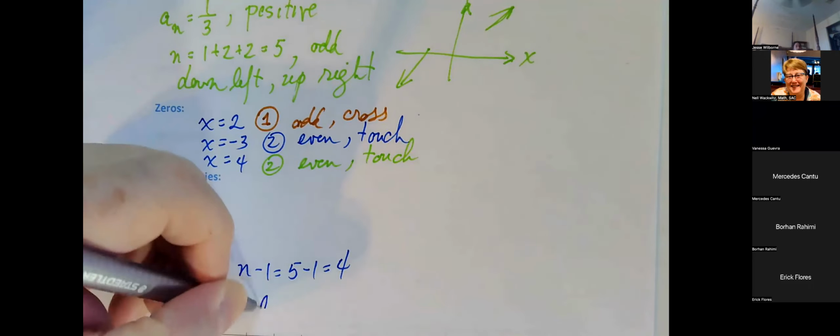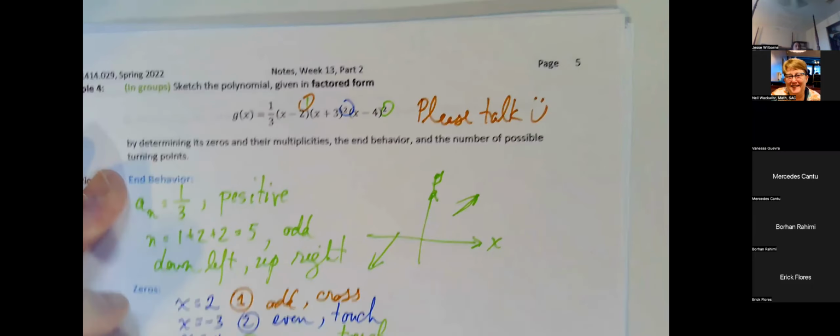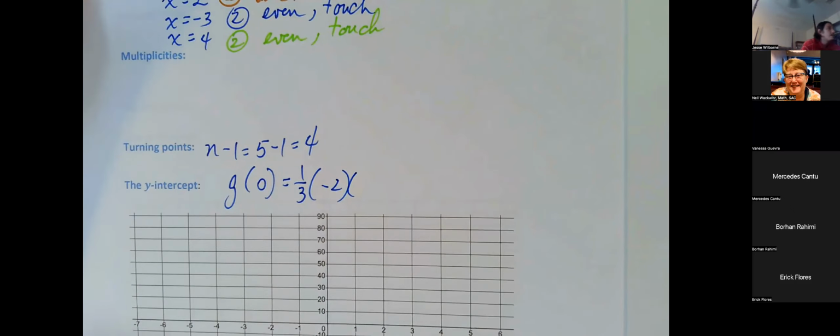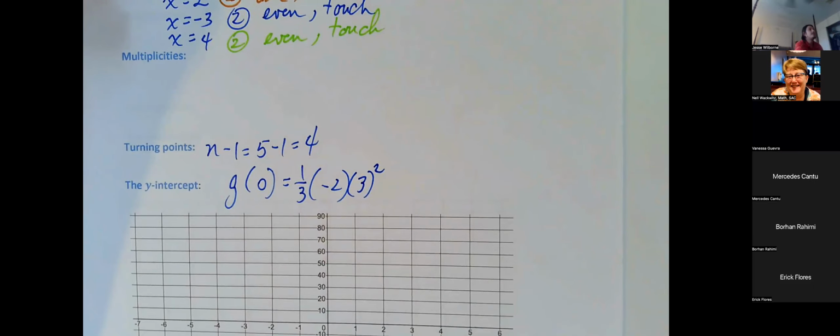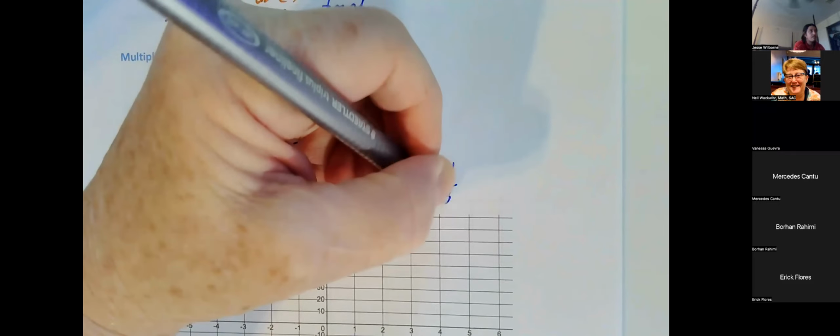And for our y-intercept, we would just multiply everything. So it would be 1/3 times -2 times 3 squared and negative 4 squared. So we solve the exponents first, so it would be 9 and 16.